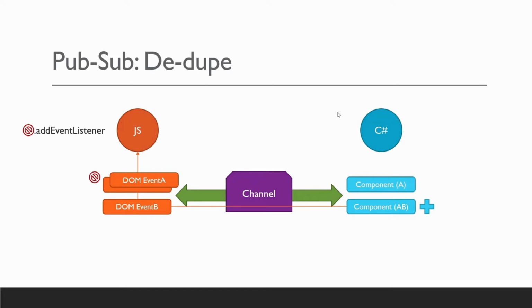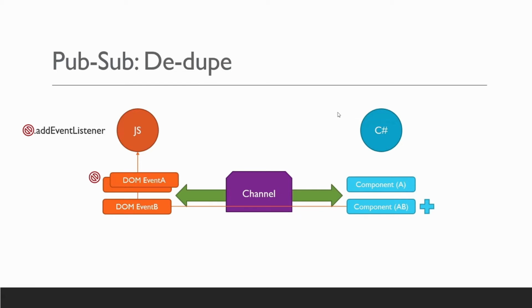What we can do is have this pub sub pattern and deduplicate some of that, so there aren't excess events taking place in JavaScript and making calls back to the C# portion of our application. Sometimes when we do this in Blazor server, we're actually making WebSocket traffic. And if we're not deduplicating some of that WebSocket traffic, we can overload the WebSockets in our application. So this might be a handy way to take care of that scenario.